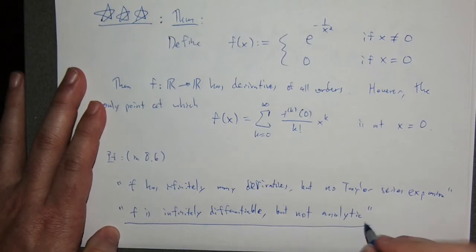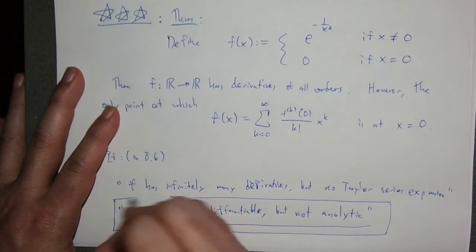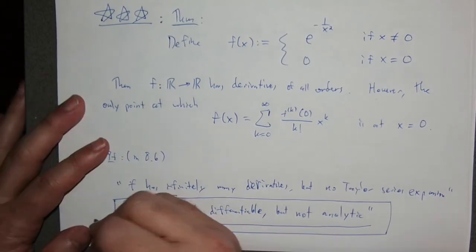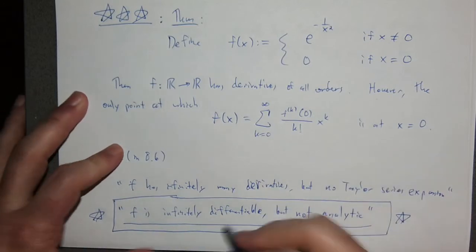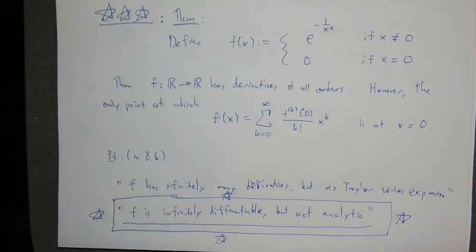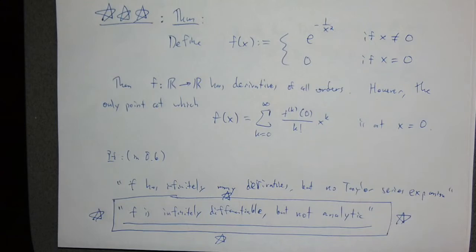That is the very important thing that is being said here. So this is the key. This f is an example of a function that is infinitely differentiable, but it's not analytic. So it has infinitely many derivatives, but it doesn't have a power series expansion about 0. That's the key.